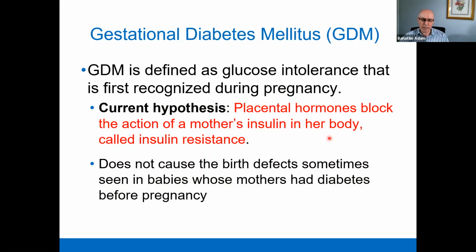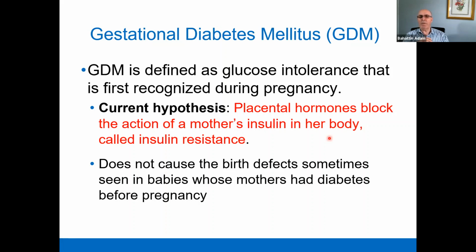Now the other type of diabetes mellitus is gestational diabetes mellitus. The classic diabetes is classified as type 1 and type 2. However, we also have other types of diabetes, such as gestational diabetes mellitus, defined as glucose intolerance that is first diagnosed during pregnancy.